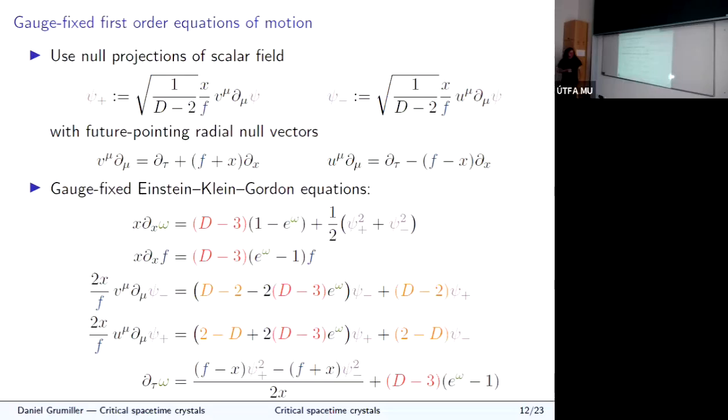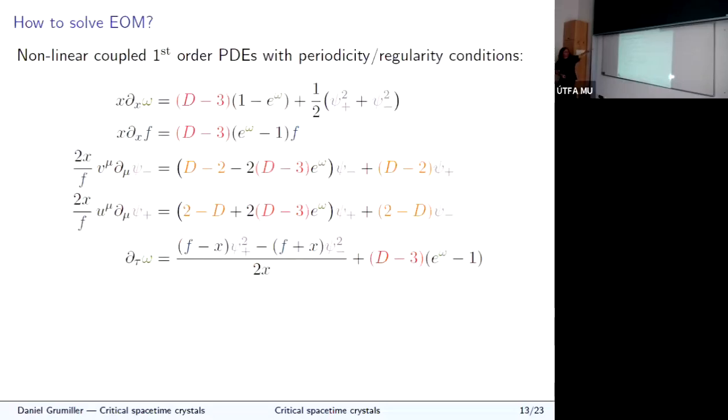Well, I say simple, but these are still coupled nonlinear partial differential equations, and it's very hard to find solutions other than numerically. So the question is how to solve these equations of motion with some given periodicity and regularity conditions. You can do this numerically at finite values of d.